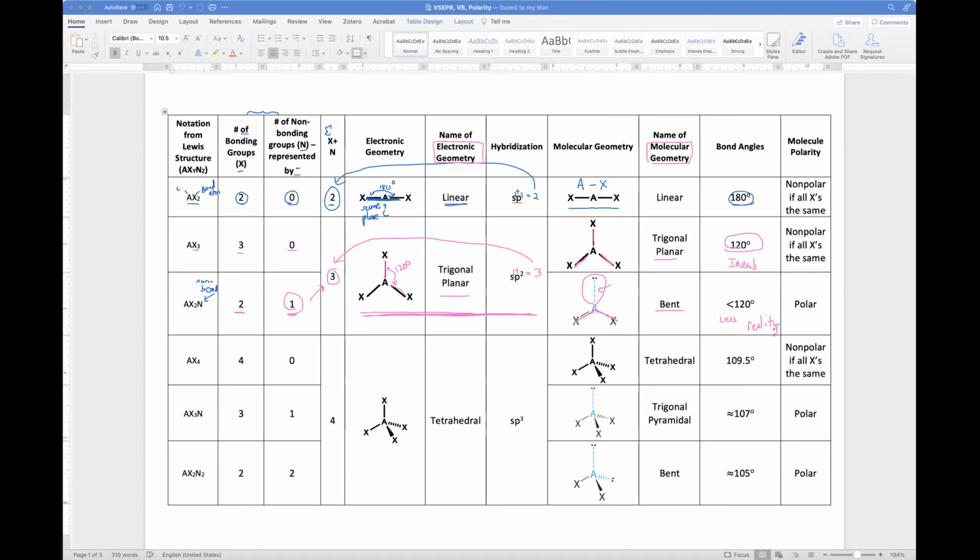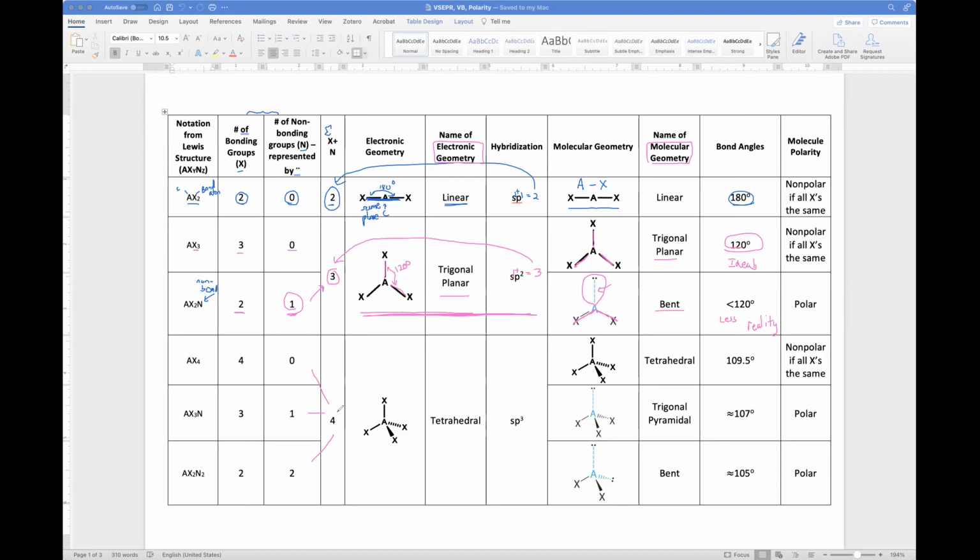Now you can have 4 things on the central atom in 3 different ways. We can have one that's all bonding, one that has 1 lone pair and 3 bonding, and one that has 2 bonding and 2 lone pairs.